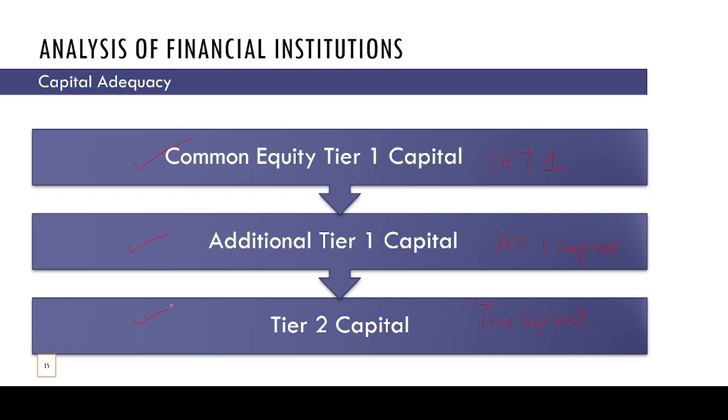In the United States, the limit is $250,000. So if the bank fails in the US, each depositor will receive up to $250,000 as compensation for their deposits with the bank. Okay, so this is the order in which losses would be absorbed: first your CET1, then AT1, then Tier 2.